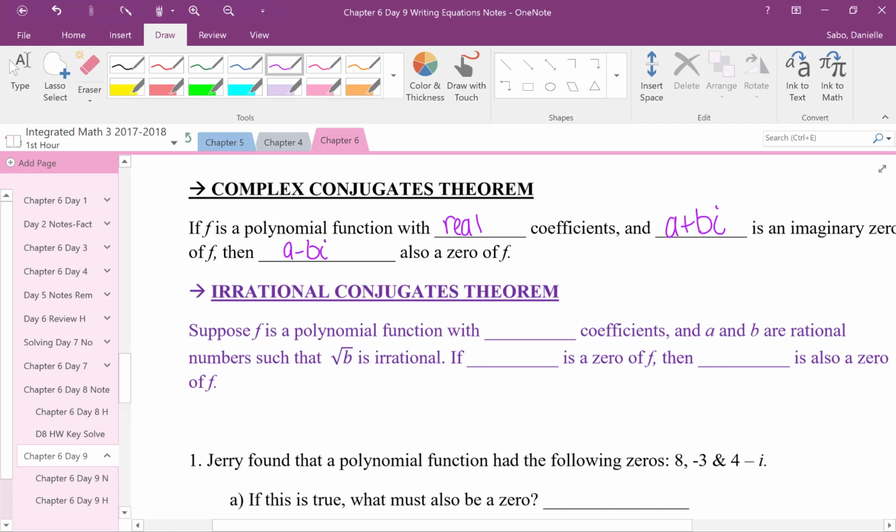That comes from the quadratic formula. When you take the square root of something, you have plus and minus, and that's why we have both a minus bi and a plus bi.